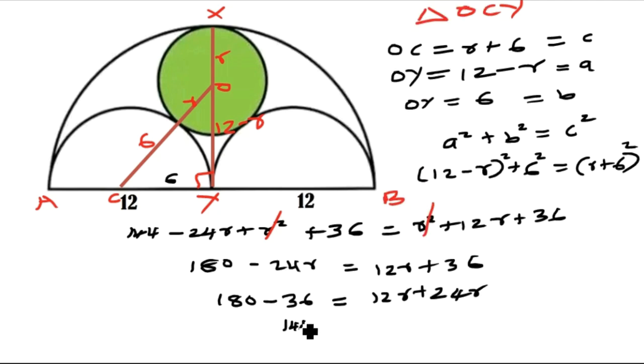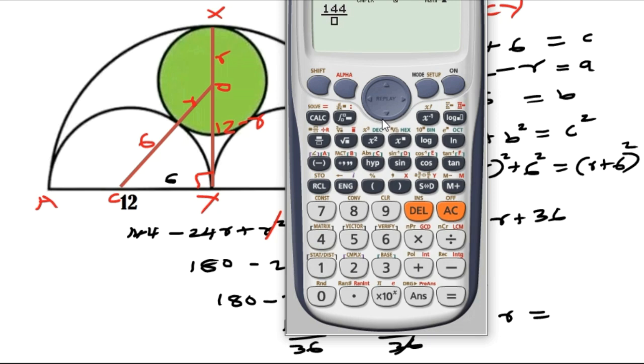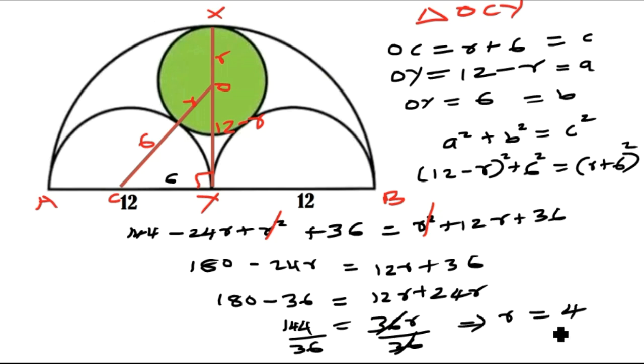So here we have 144 equal to 12 plus 24, which is 36R. So we divide both sides by 36 to get the value of r. 36 goes with 36, then we remain with the radius r equal to 144 divided by 36. You get 4. So it means the radius r is 4.